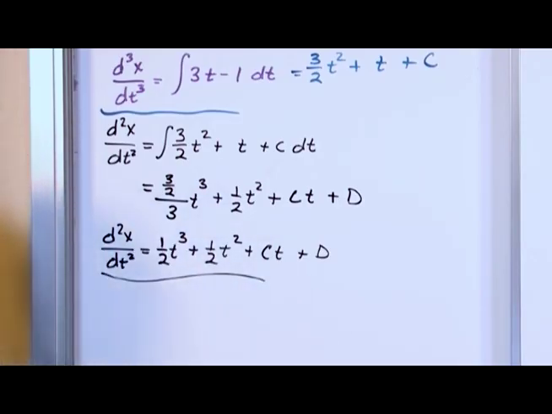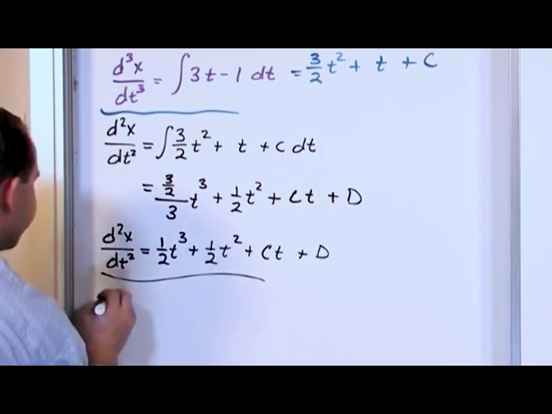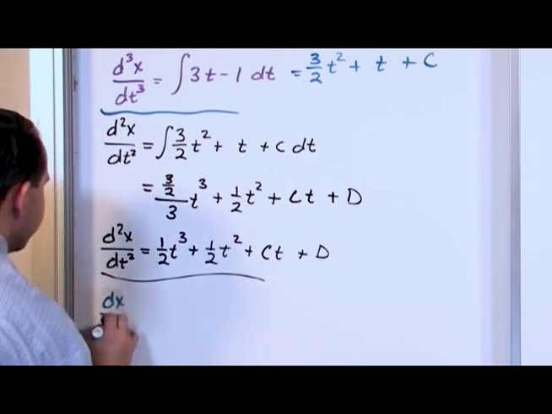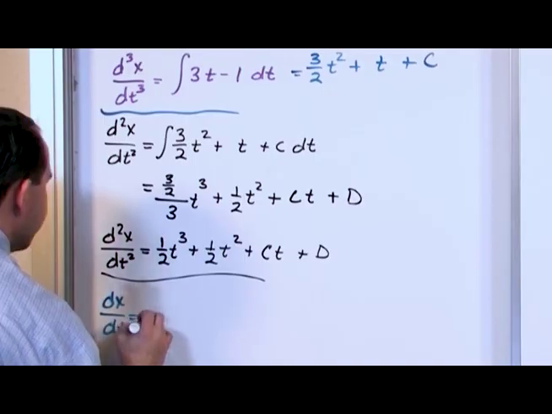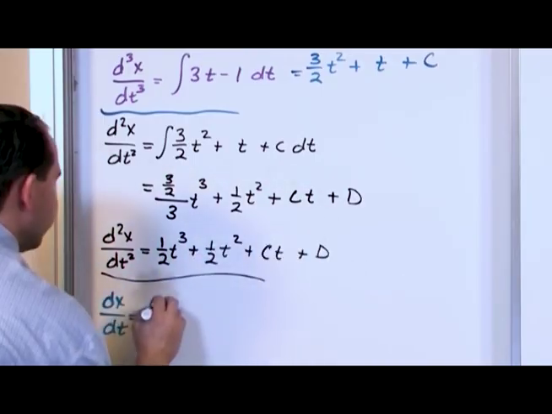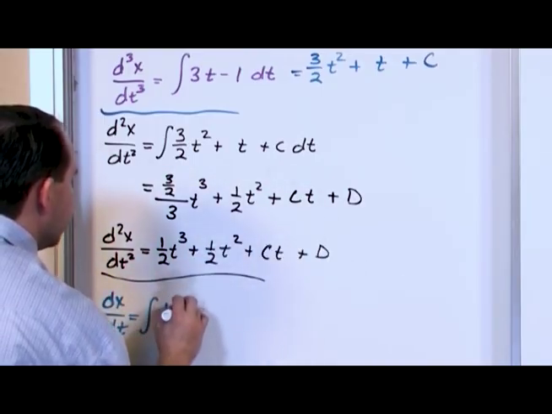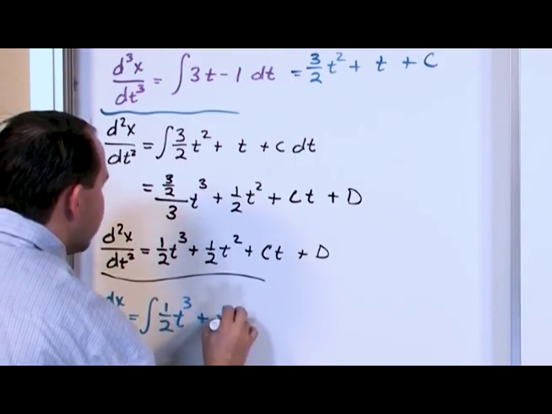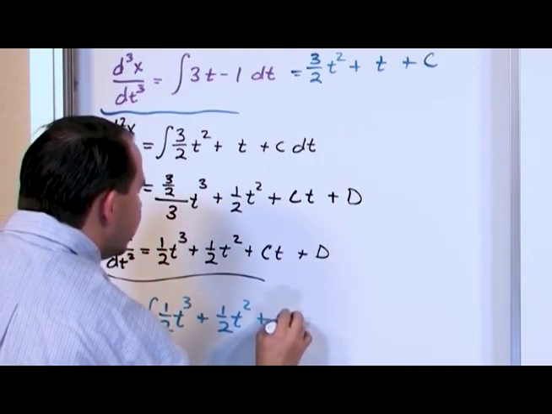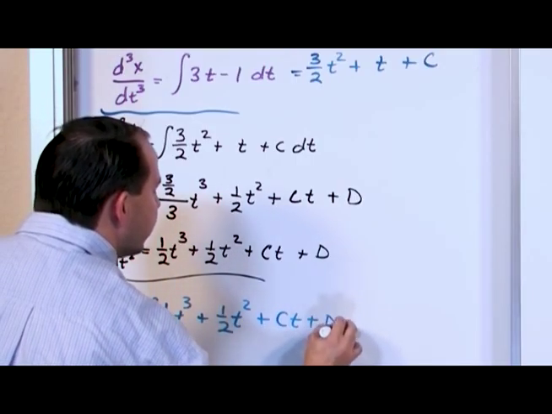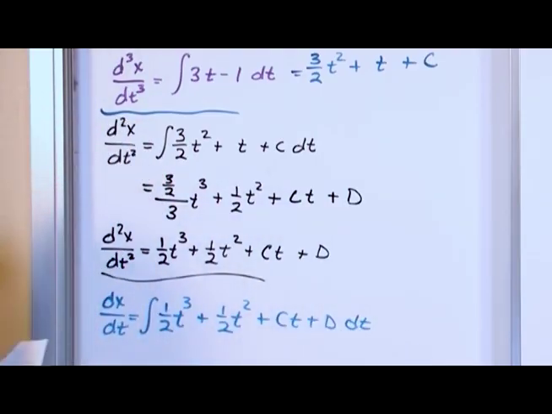Now we have to keep on going and doing it again. Okay, so let's integrate this guy. The first derivative, dx dt, is going to be the integral of what we just found here, which is 1/2 t cubed plus 1/2 t squared plus c times t plus d. We have to integrate this dt. All right, but again, it's just another polynomial, so it's not that big of a deal.